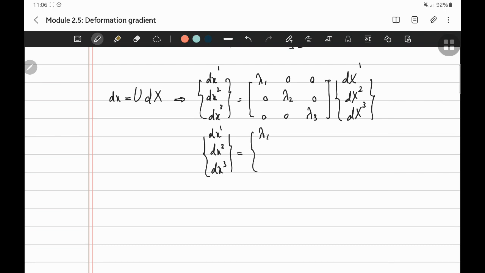So this is equal to lambda 1 dX1, lambda 2 dX2, lambda 3 dX3.